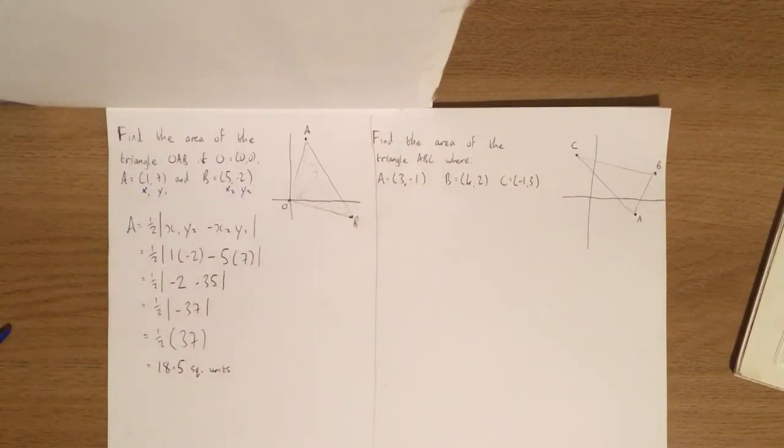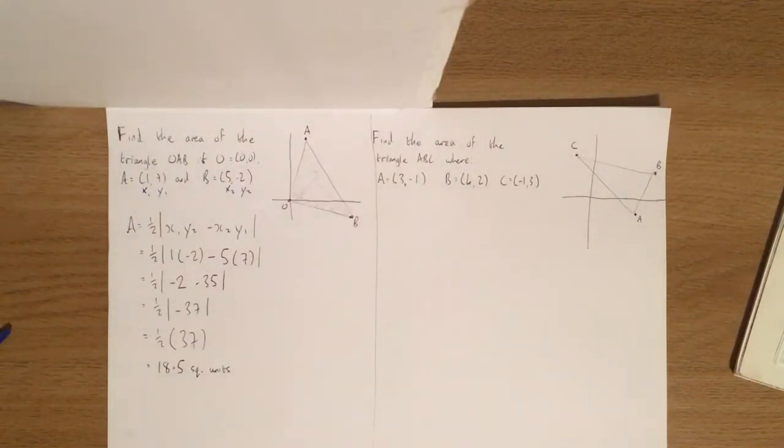Okay, but 18.5 is the area of that triangle. Okay, now as I said, you're only allowed to use that formula if one of the three corners, vertices to give them their proper name, of your triangle is 0, 0.